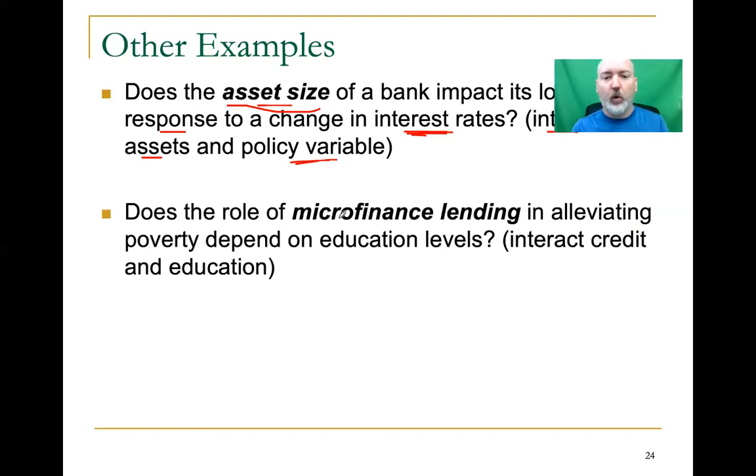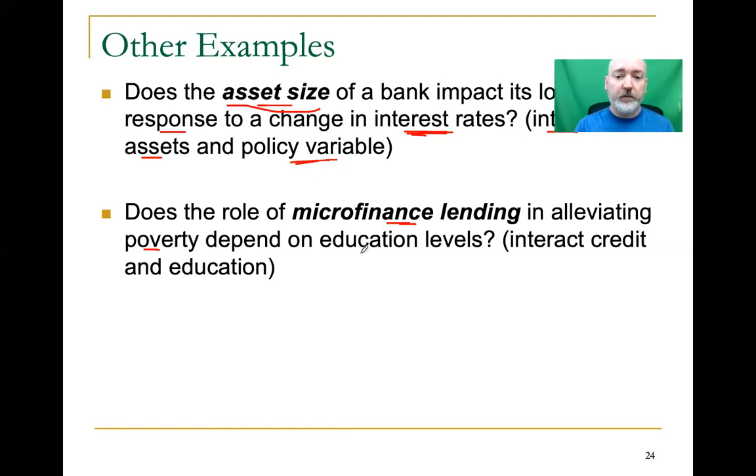Another example: does the role of microfinance lending in alleviating poverty depend on education levels? Okay, so what is the y variable here? Well, it's going to be a measure of poverty. What is the x variable? It's going to be access to credit, microfinance lending. This is a very common question in development. How much effect does access to microfinance credit have on poverty?